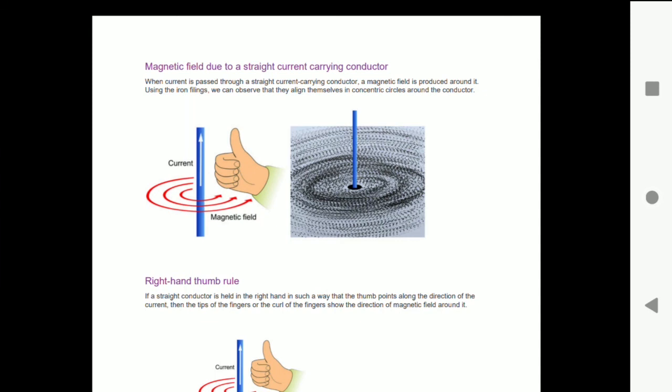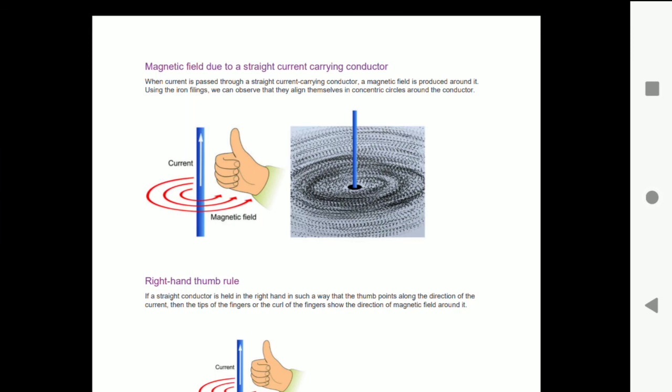If the direction of current in the wire is reversed, that means if it is in the downward direction, then the direction of magnetic field lines also gets reversed. It will be in the clockwise direction.